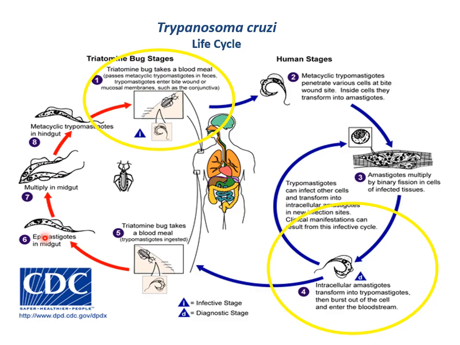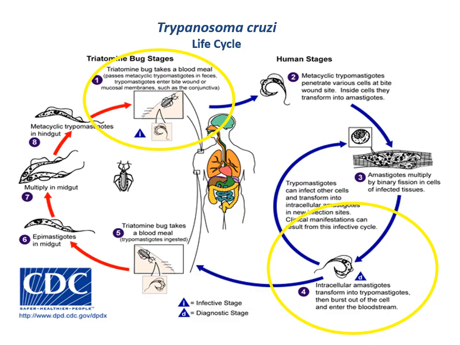So these trypomastigotes will be taken again by a triatomine bug upon a new blood meal. They will transform into epimastigotes within the midgut of this triatomine bug. They will divide by binary fission, and then they will transform into metacyclic trypomastigotes in the hindgut, which is the posterior part of the intestine of the triatomine bug, and these metacyclic trypomastigotes will be liberated upon defecation of the triatomine bug in the wound it created whenever it takes a new blood meal.